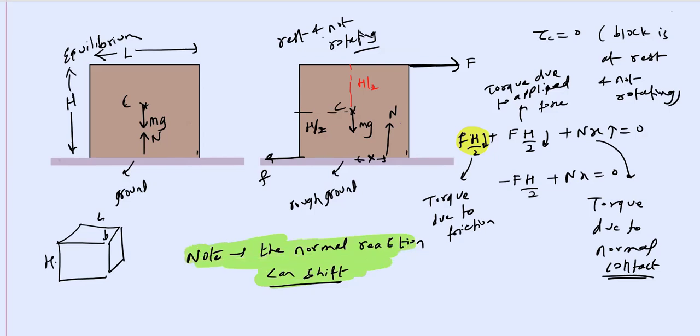The requirement is there, that's why it is able to shift here. Here, the net torque about the center of mass due to weight mg is 0, that's why the torque due to N is also 0, so it will not shift in this case. Here it is shifting. This shifting of the normal reaction is what we'll be using in almost all the problems. Okay, fine.